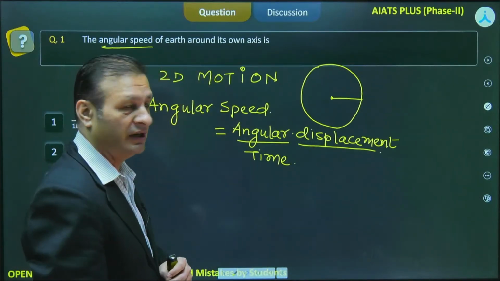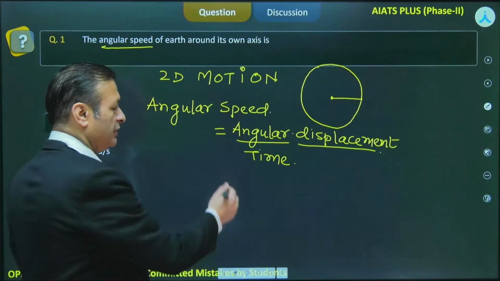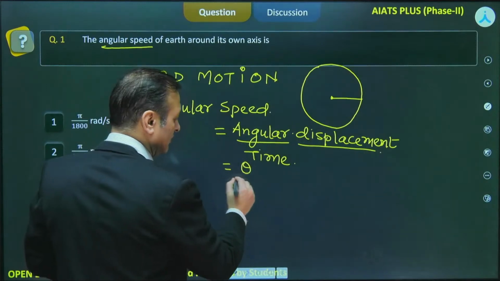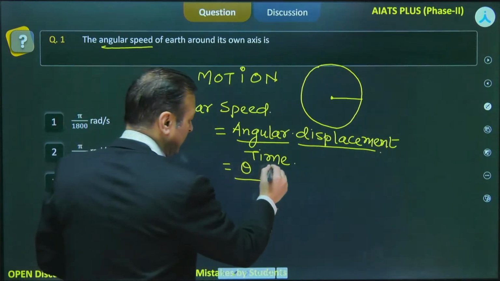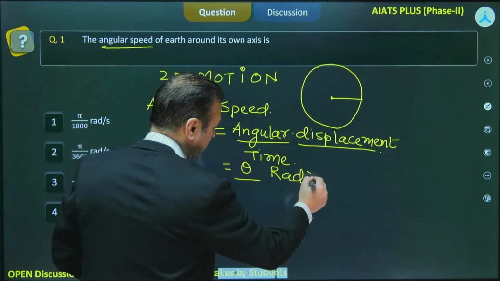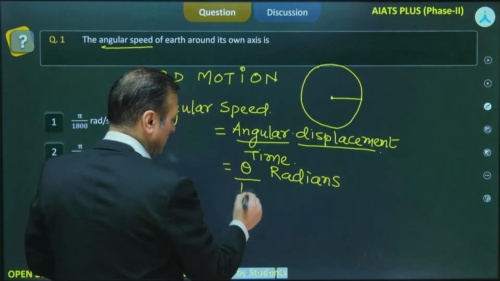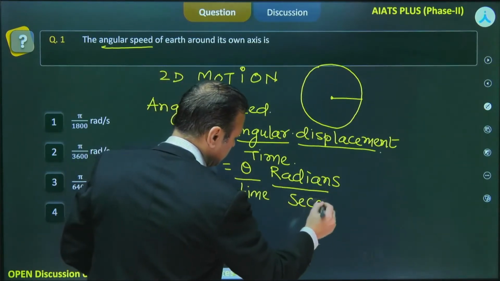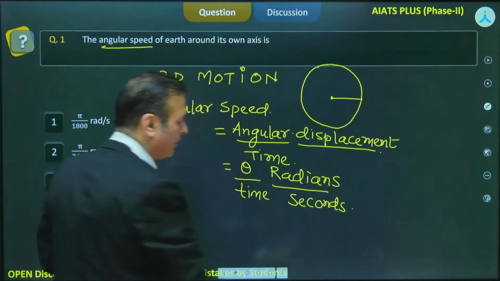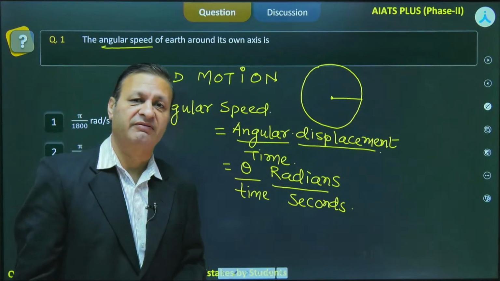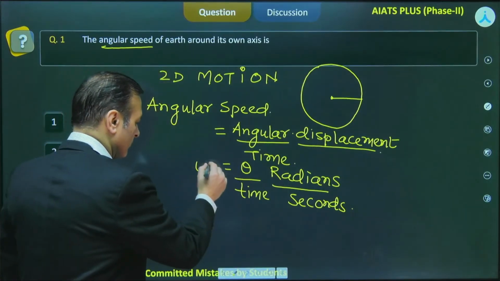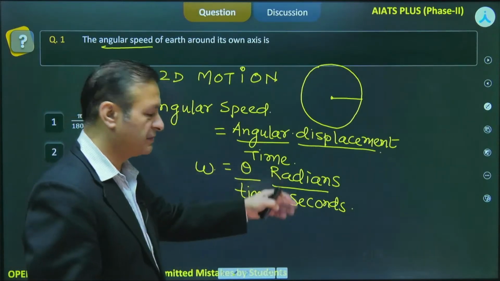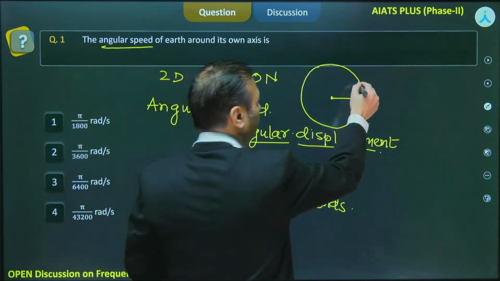Here we will keep the magnitude: angular displacement per unit time. The angular displacement, theta, is defined in terms of radians, per unit time, which is in seconds. So we are talking about radians per second as the angular speed. This is defined for circular motion.